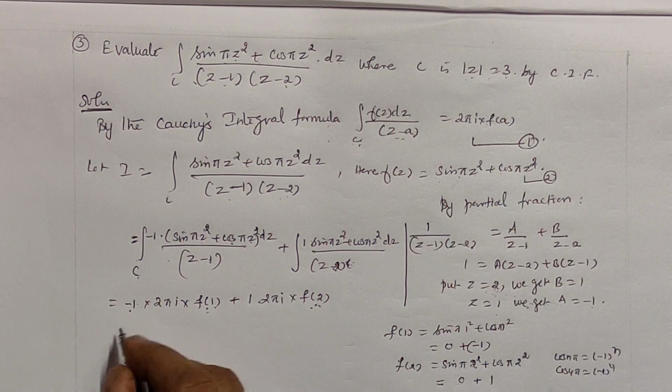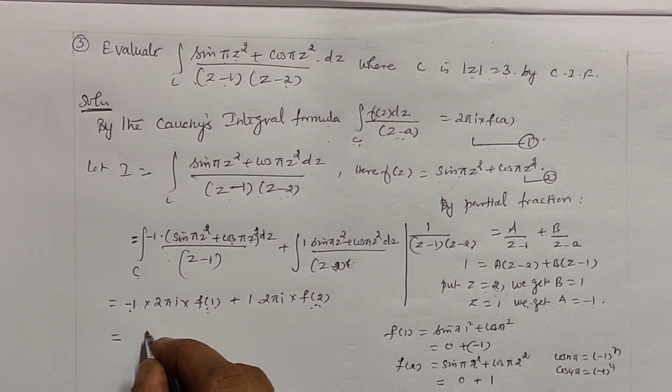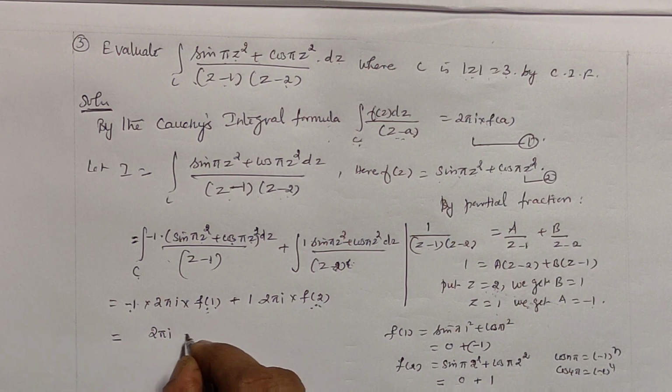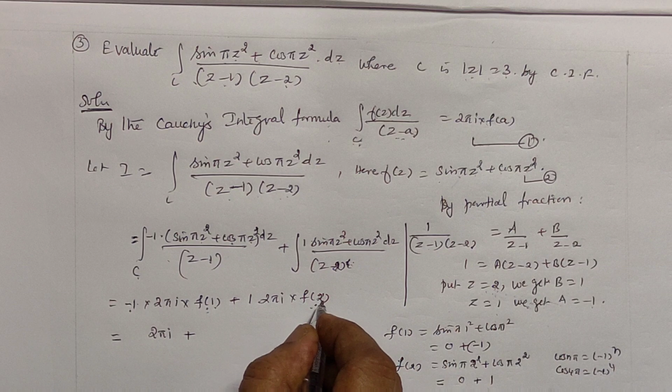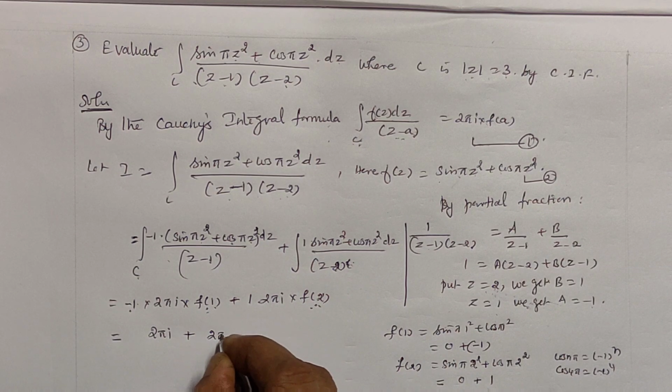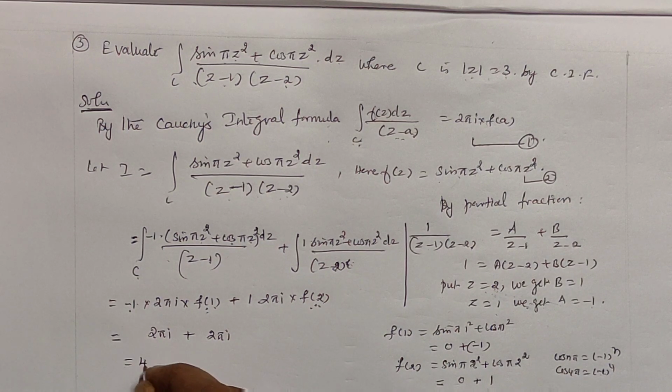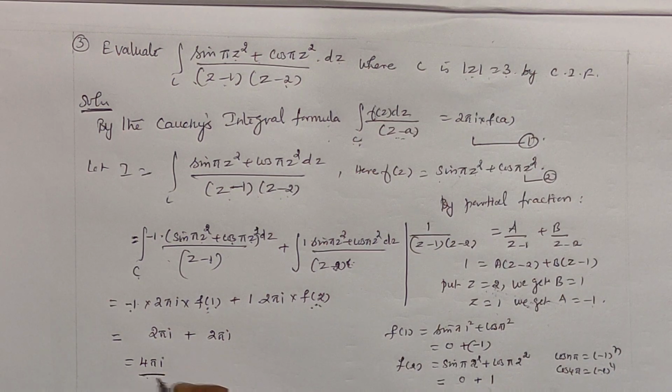Since already you have a minus 1, minus 1 will become plus 1. So this is plus 2πi, and your f(2) value is 1, so I'll get 2πi into 1. So the final answer is 4πi. For this particular problem, we have the answer as 4πi.